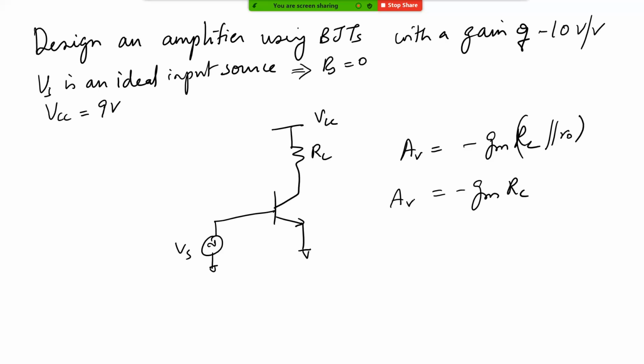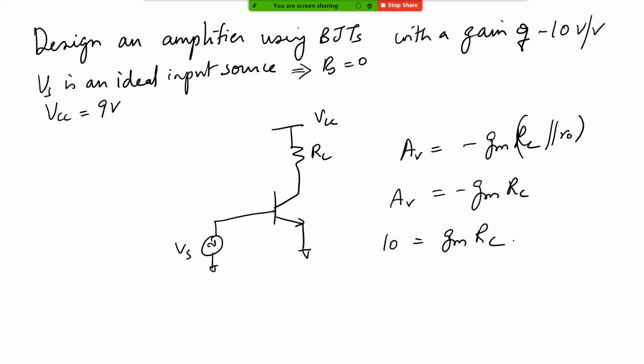Now, how can you pick the values of gm and RC? Basically, you can say that there are infinite combinations of gm and RC which will give you the same voltage gain. So 10 is equal to gm RC. It's the product of two variables, right?